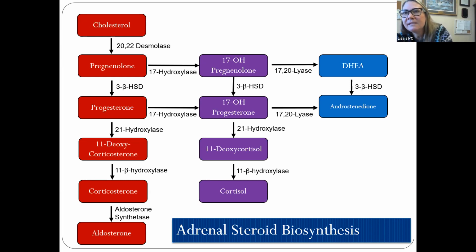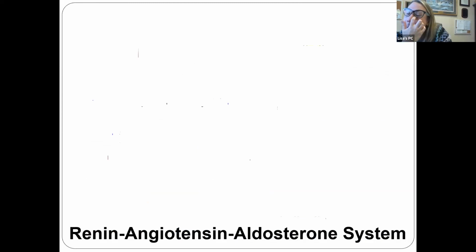So we're going to touch on some of these enzymes, not all of them, when it comes to pathology.